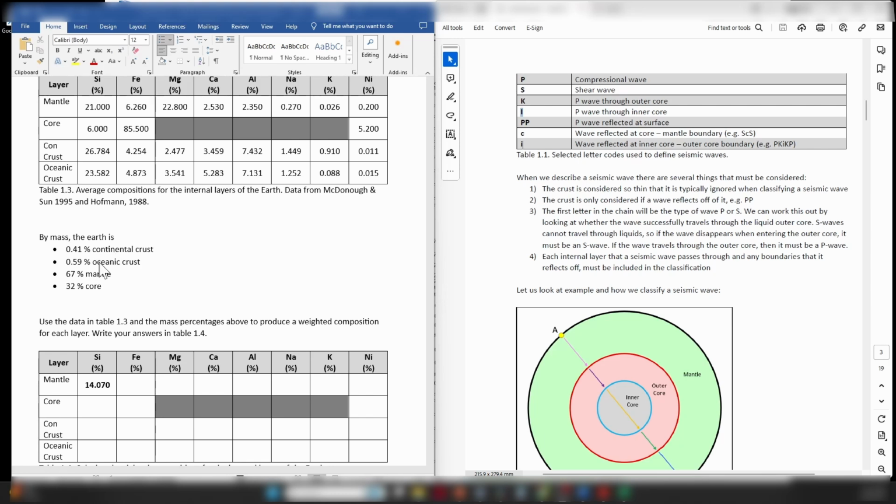And the difference between these two is essentially a result of the fact that the continental crust and the oceanic crust have different densities. So oceanic crust is mostly made up of denser basalt, whereas continental crust is mostly made up of, comparatively speaking, lighter granite. So you could also say, oh, hold on, isn't there more oceanic crust than continental crust?